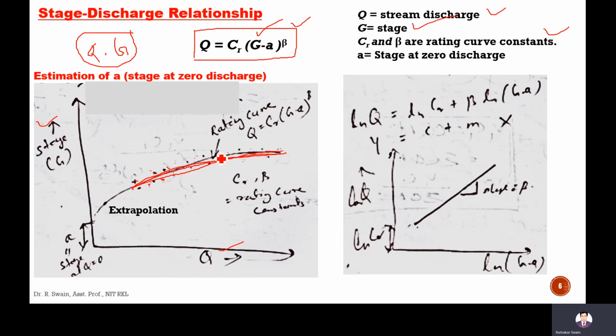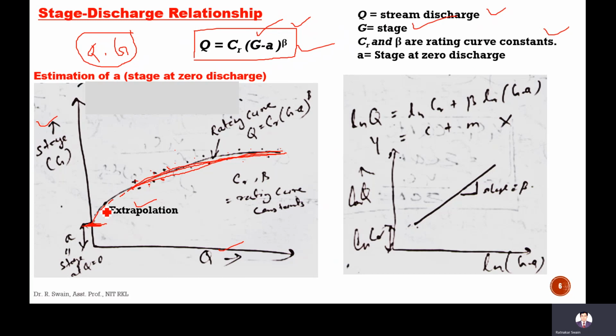So we have to bring the discharge and the stage into this form. First we have to plot this graph with a best fit line, then we can extend the curve backward, or use the extrapolation method. Using extrapolation of the data collected between stage and discharge, this A value can be calculated from the graph itself.